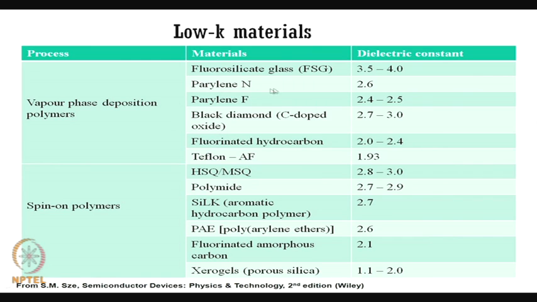Now, a lot of materials, which we have shown earlier also, can be made either by vapor phase deposition, that means the CVD, or spin on deposition, SOD. Almost all of them are polymers except a few, and here you see that the dielectric constants are almost 3 or less.